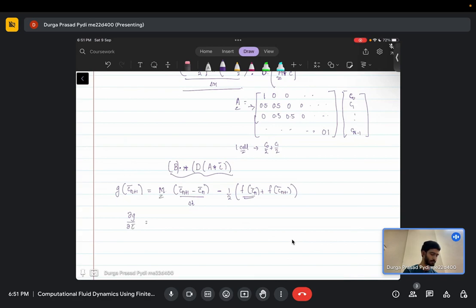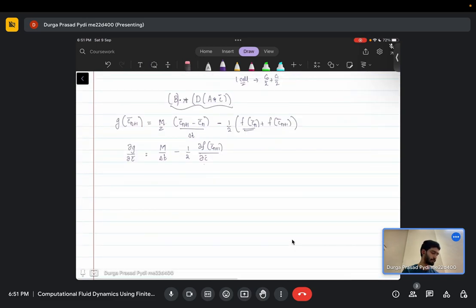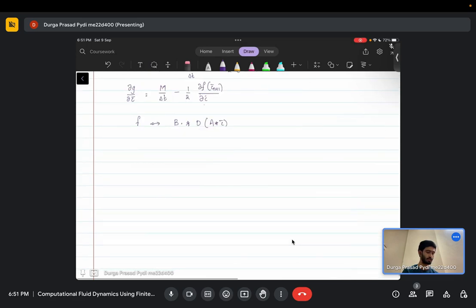You have a matrix times this, so you just get the matrix here, minus half del F by del C bar. So I would be needing the value of del F by del C bar, and F will be something of this form, like I have seen. F will be some matrix B times diffusivity of A times C bar. So now we need to find del F by del C bar.